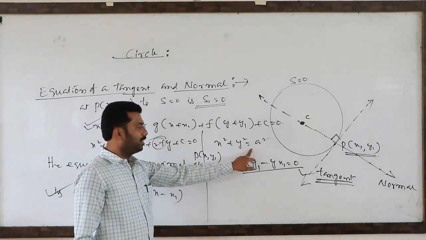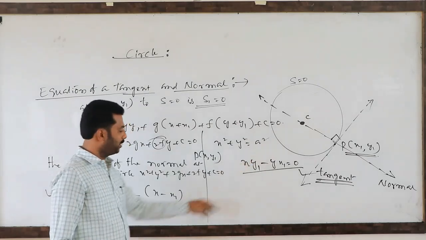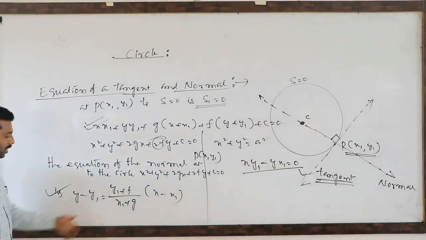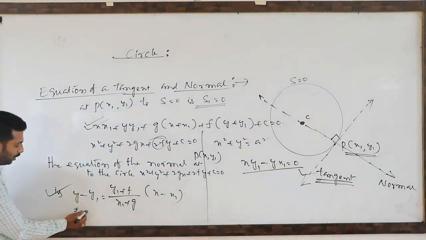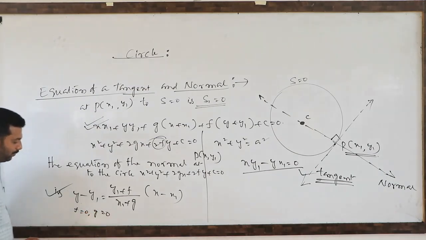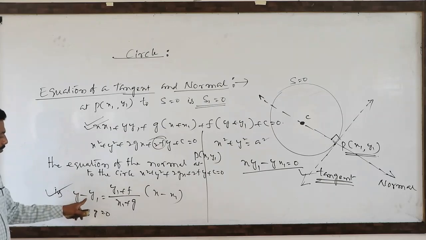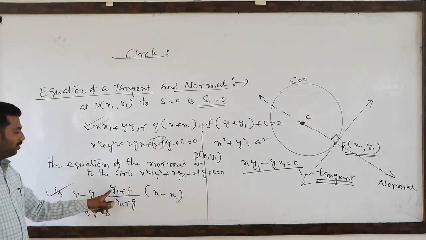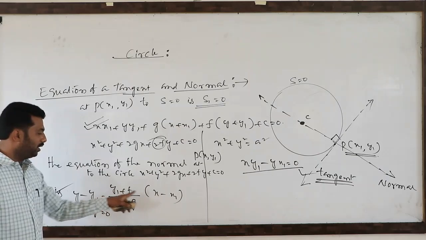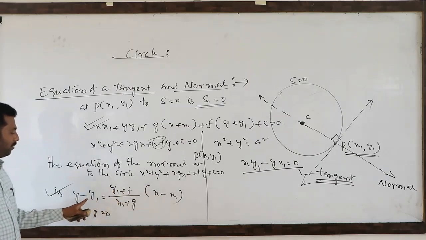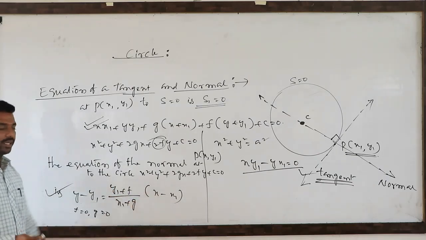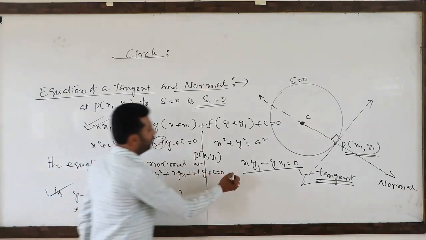There is no f and g, no x and y coefficients. If you substitute f equal to 0 and g equal to 0, what will you get? x y1 minus x1 y1 cancels. So finally what will you get?